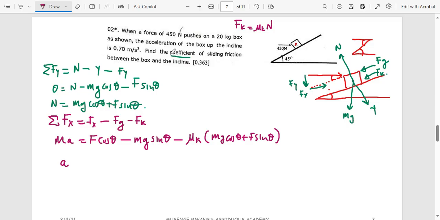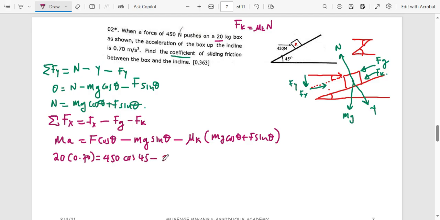But the question here is not even asking us about acceleration because we've already been given the acceleration. We want to find the coefficient of friction. Therefore, we're going to substitute where there is mass. The mass of the box is 20 kg. We were told that the acceleration of the box up the incline is 0.70. Applied force is 450, cos the angle, 45.